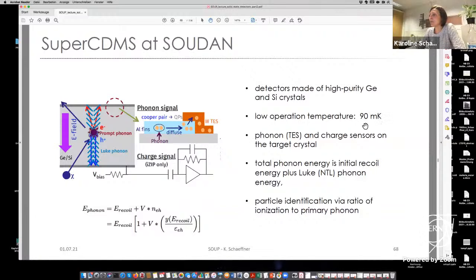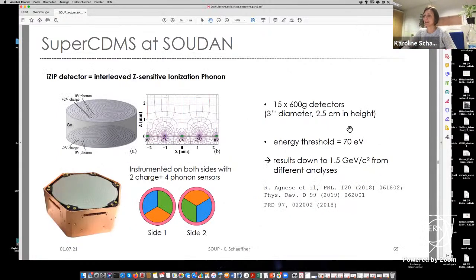This you can do because the tungsten has different phases. There's an alpha and a beta phase of the tungsten, and depending on how you produce your thin film, you can also tune this transition temperature. They have also this possibility of rejecting the surface, near-surface events, because they have also these interleaved electrodes.